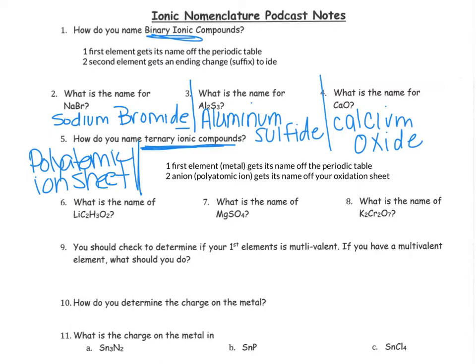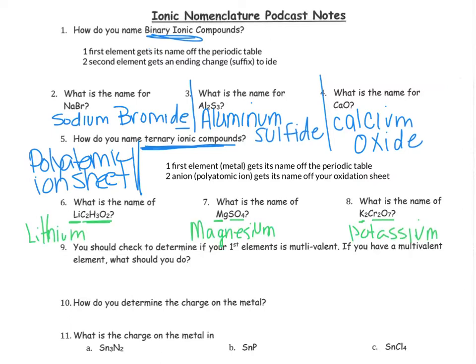Okay? So the hardest part about this is that you're going to have to identify what the actual polyatomic ion is in the formula, because it can be a little tricky. But for the most part, it's going to be a metal followed by the polyatomic ion. All right, so turn your sheet over and let's do some of those names.